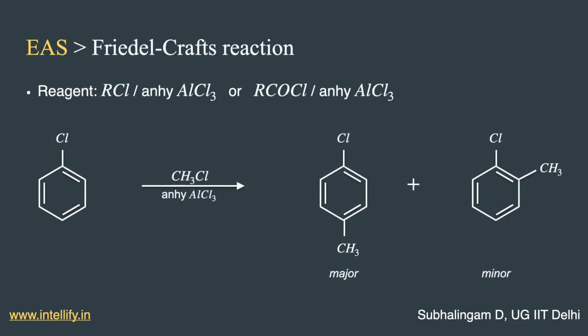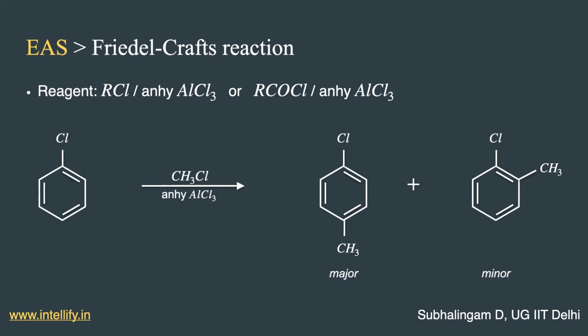Now the Friedel-Crafts reaction. The reagent can be RCl in presence of anhydrous aluminum trichloride or RCOCl in presence of anhydrous aluminum trichloride. Let's take the first reagent. Let's take chlorobenzene in presence of CH3Cl and anhydrous AlCl3.